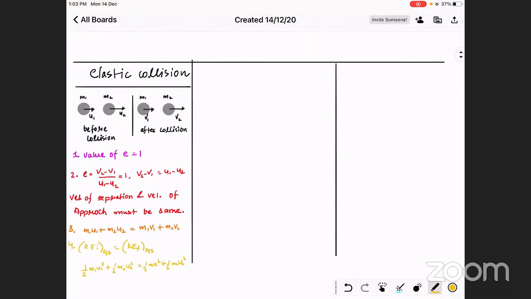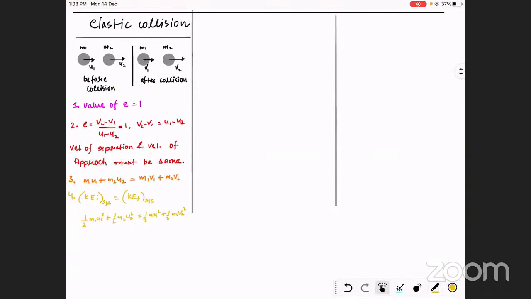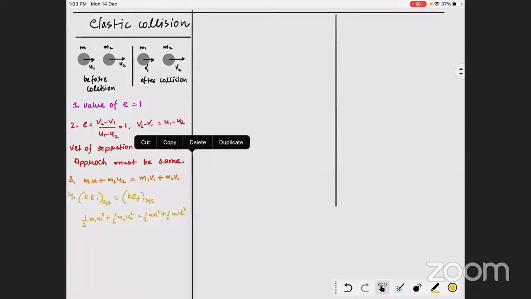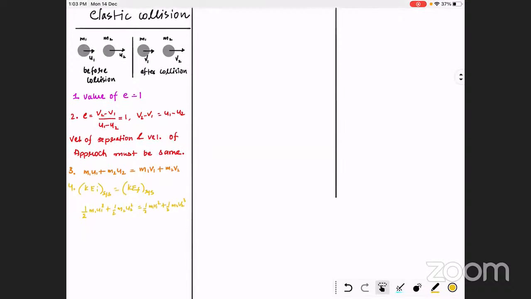So any doubt till now? You know everything, am I right? Till point number 4 there is no problem in completely elastic collision. Okay, आगे बढ़ते हैं. You can click on yes and no. I can see your response and you can send me a message to chat faculty.